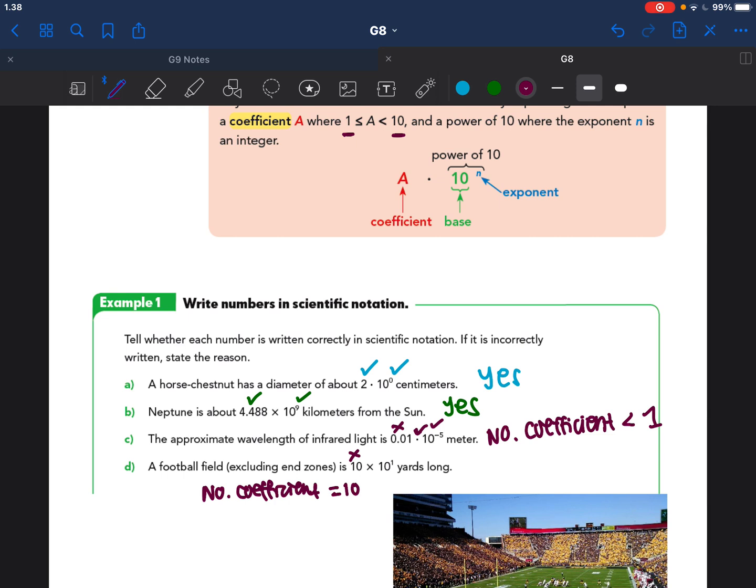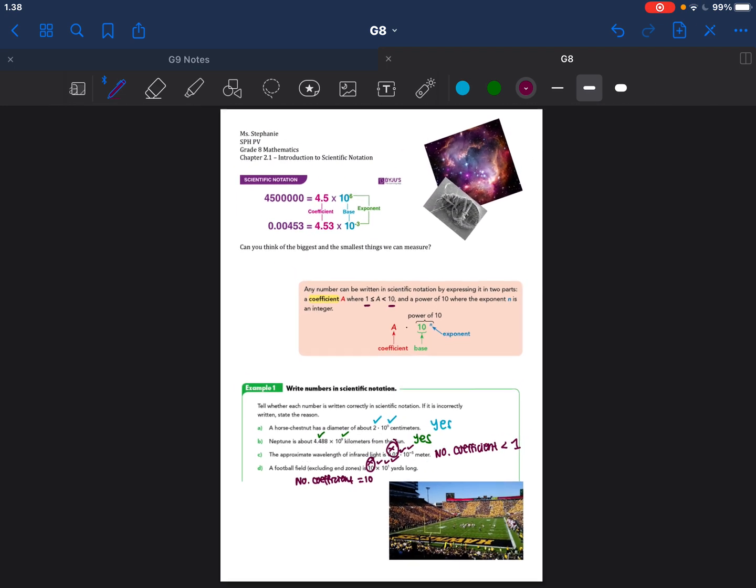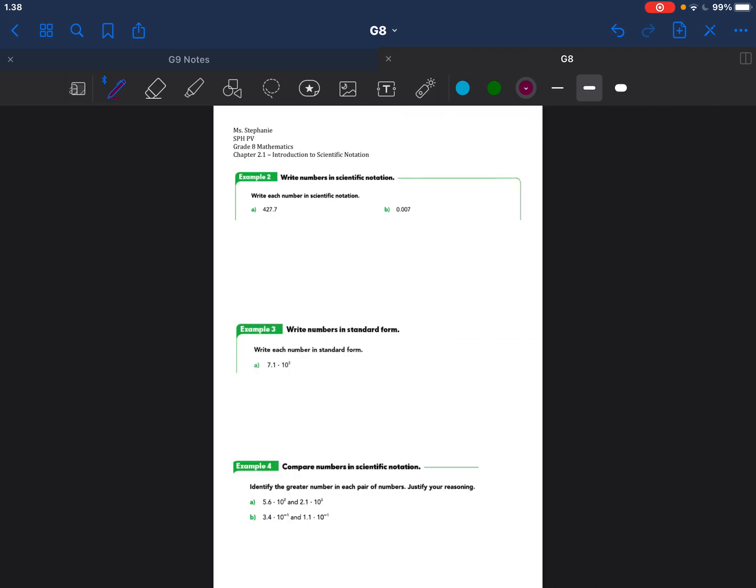Including 1 but excluding 10. So a coefficient equal to 10 times 10 to the power of 1 is not okay. That was our problem. Not bad, right? So let's jump into the other examples.